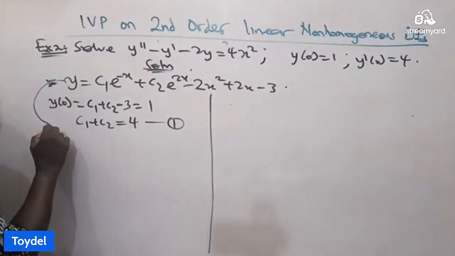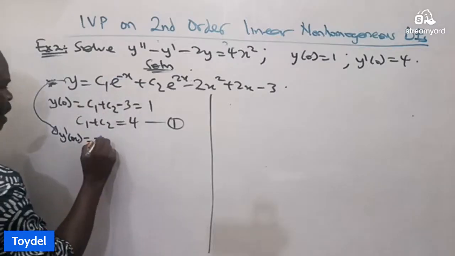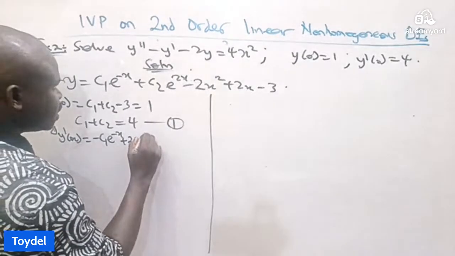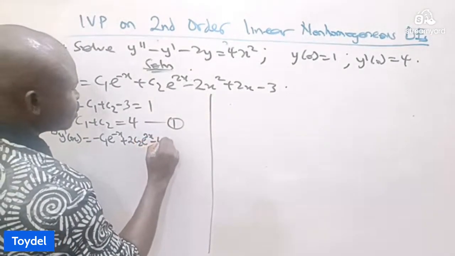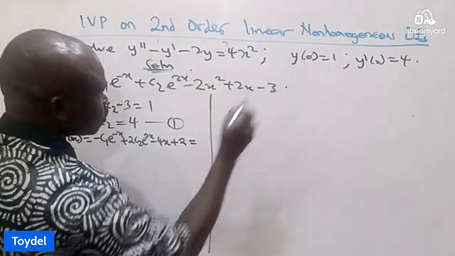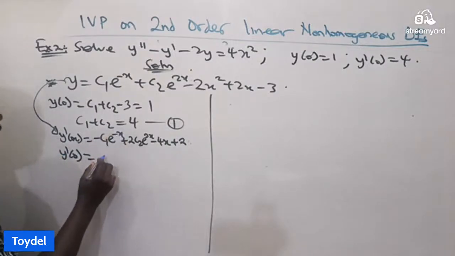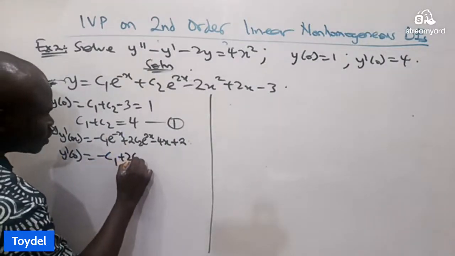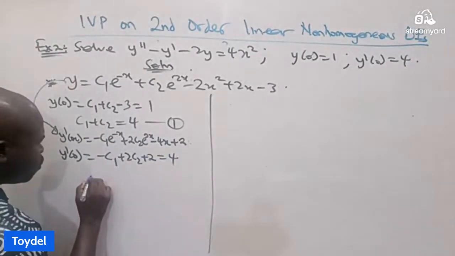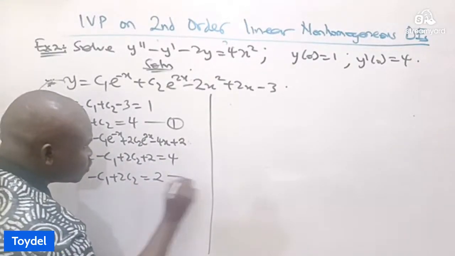If I differentiate to get y'(x), we get -C1 e^(-x) + 2C2 e^(2x) - 4x + 2. Then y'(0) gives -C1 + 2C2 + 2 = 4. So -C1 + 2C2 = 4 - 2, equation 2.